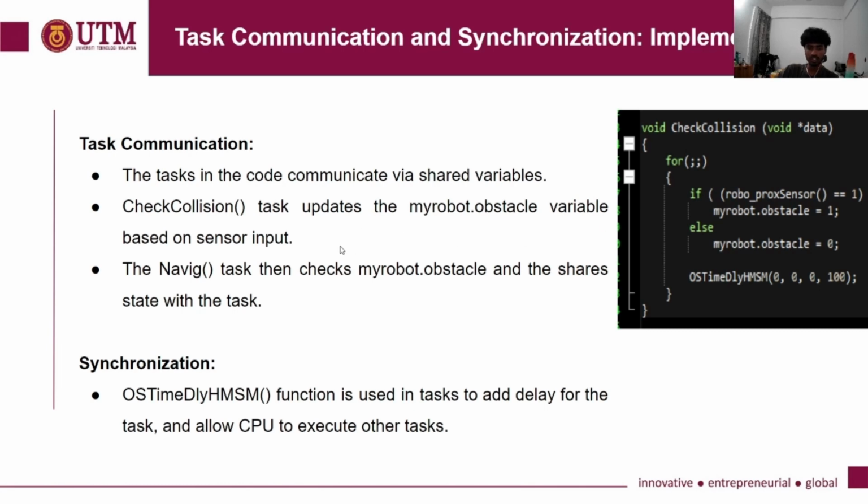Then the navigate task is triggered in the navigation function, where the navigation function checks the my robot obstacle parameter and shares the state with the task to the ordered state. For synchronization, we have the OS time delay parameter, which is used to add a delay to the robot. For example, here it's written 100 milliseconds.